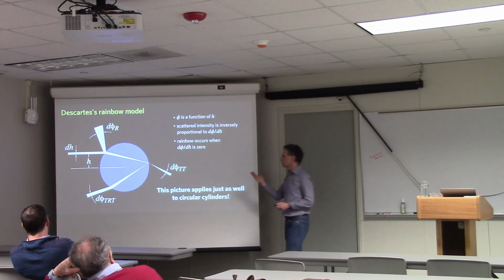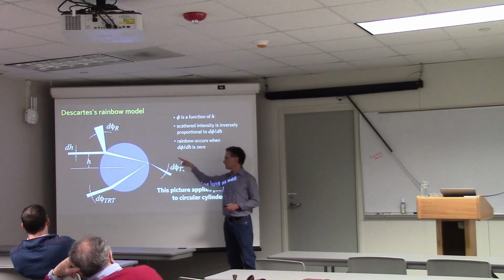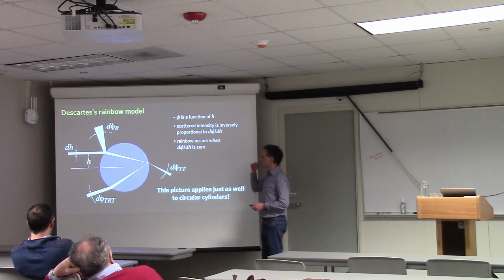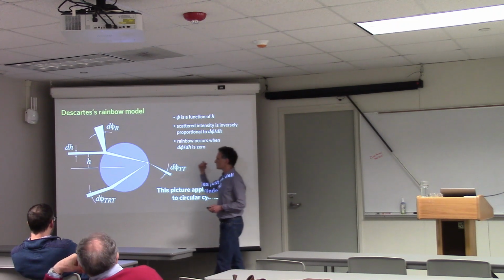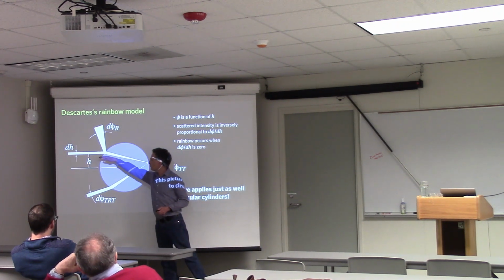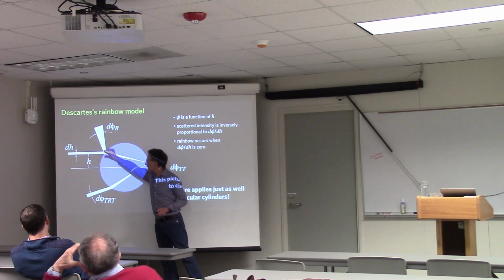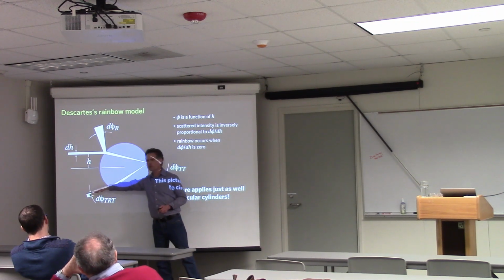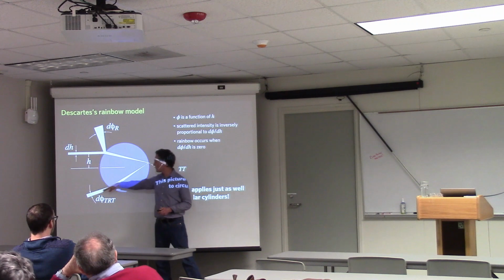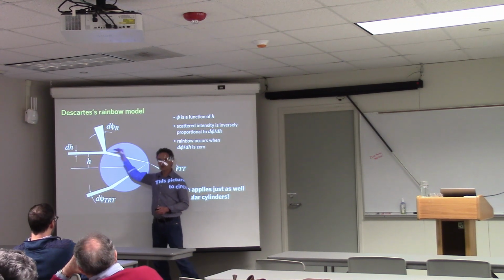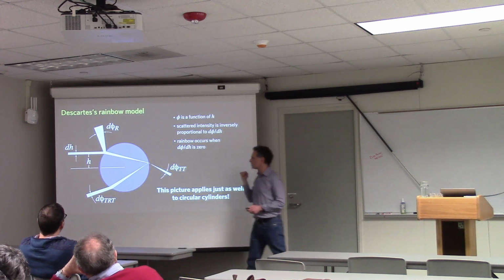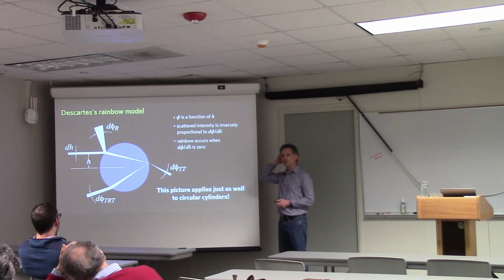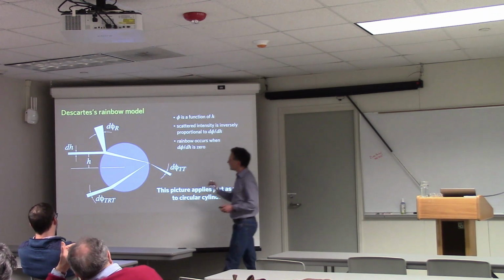A neat thing is this turns out to be the same picture you use to make simple arguments about the paths of rays in a spherical water droplet in the atmosphere. A classical argument from Descartes is that if you solve for the one place where a whole interval of incoming rays will all go in the same direction, so the derivative of the outgoing angle with respect to the incoming height is 0, this tells you where there is a strong reflection that gives rise to the rainbow in the atmosphere.